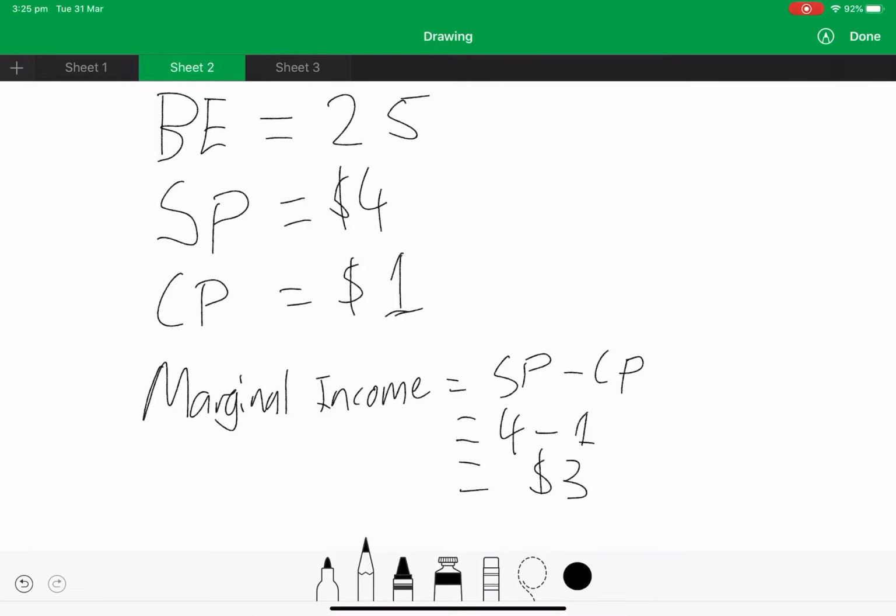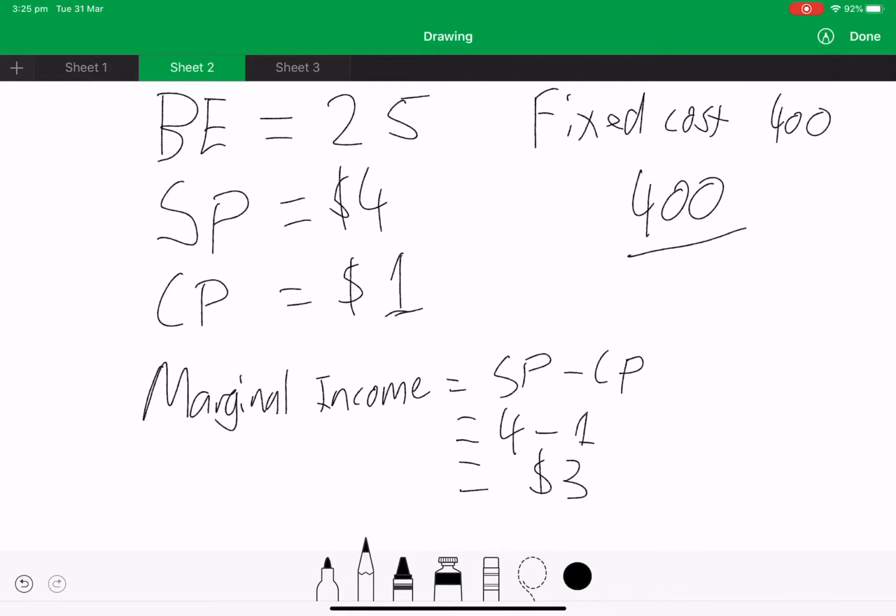Now this is important because this is another way of carrying out your break even. Let's say for my example here, I had fixed cost of $400. To figure out my break even, I can do 400 divided by my marginal income, which is 3, and that would be my break even point.